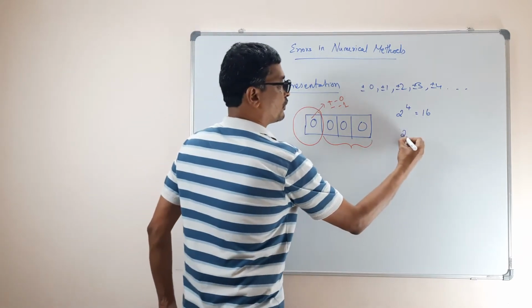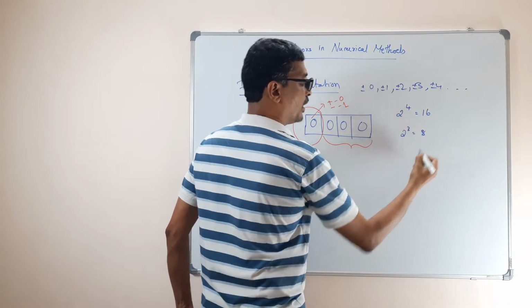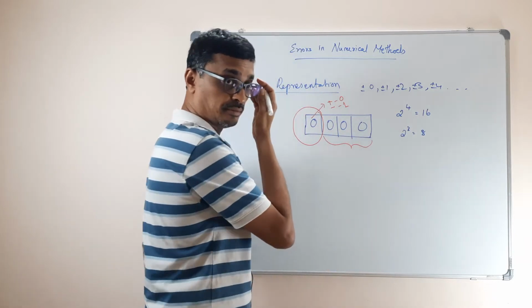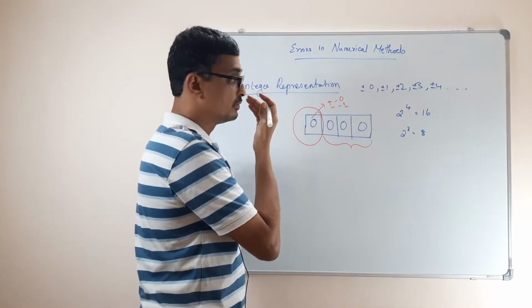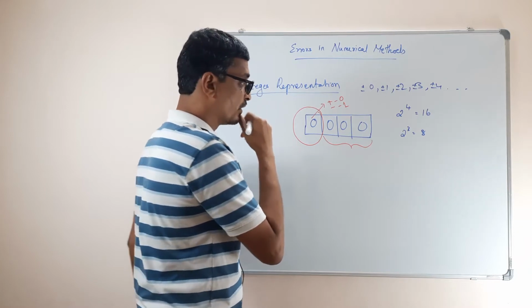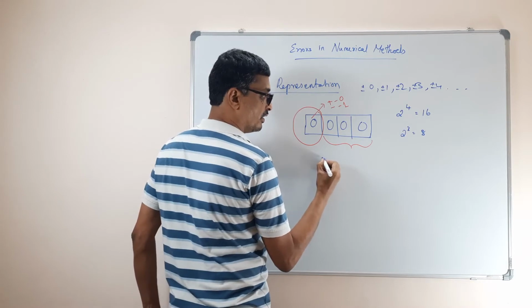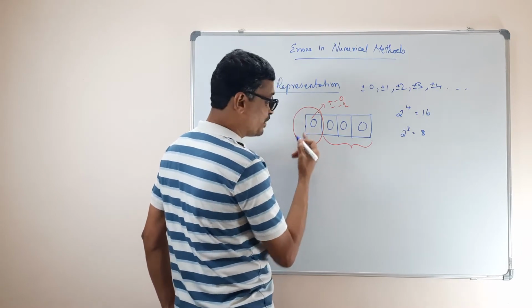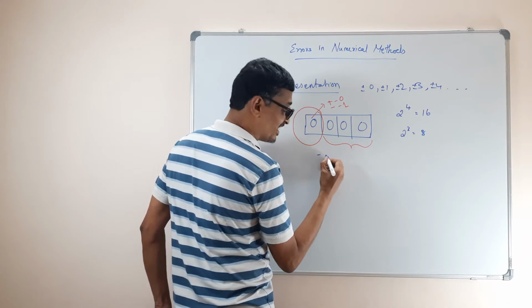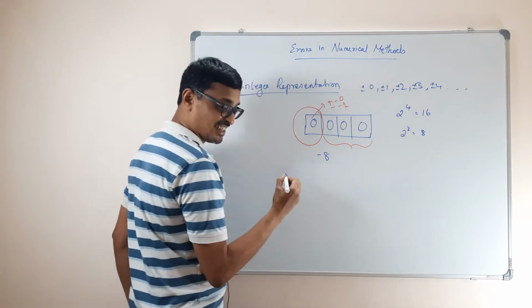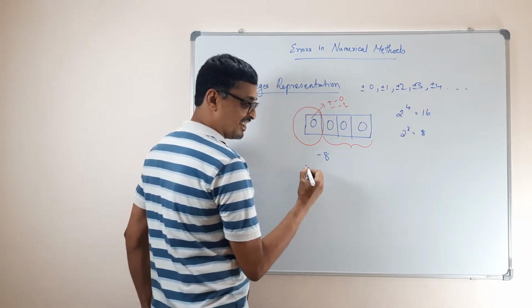So 2 to the power of 3 is 8. Am I right? Yes, sir. So what will be the smallest number? Come on, I have a sign bit. Minus 7? Minus 8?